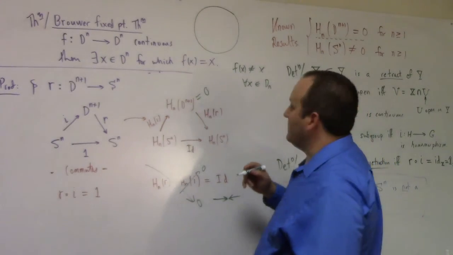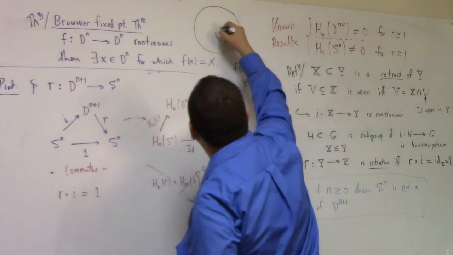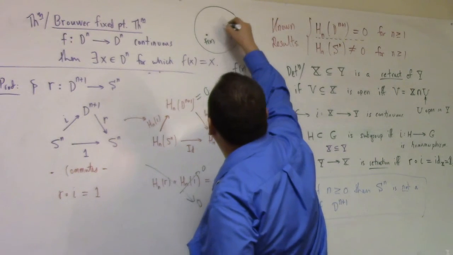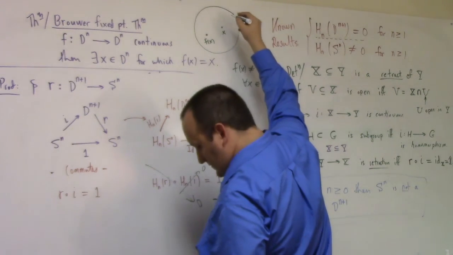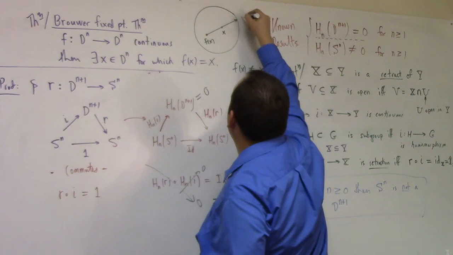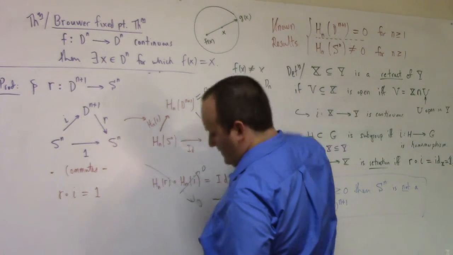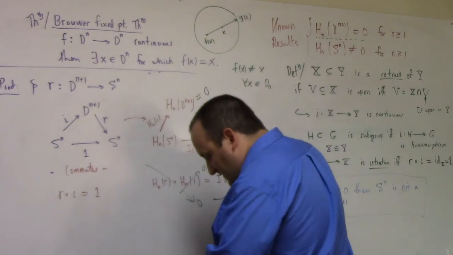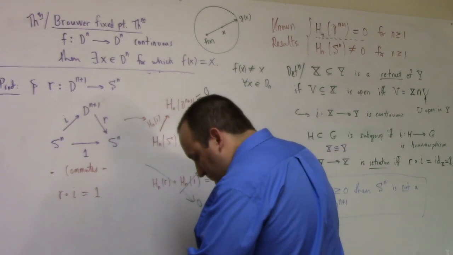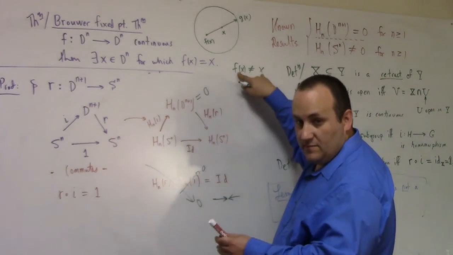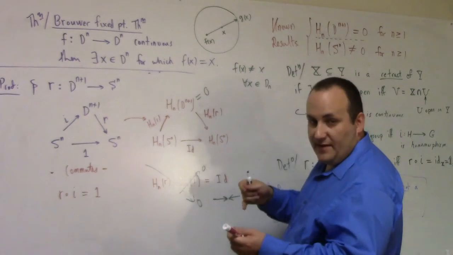Then you can draw the picture like this, as he does on page 5: f of x, and let that be g of x. He says the distinct points x and f of x thus determine a line. True, right? You can do this for any choice of x.